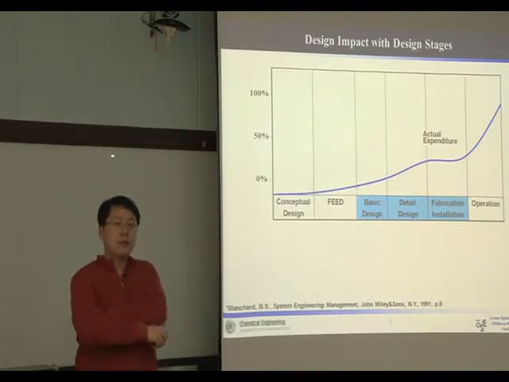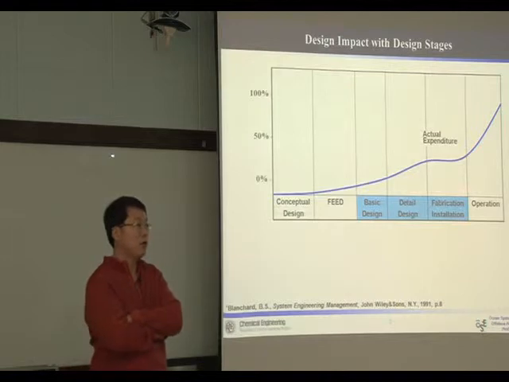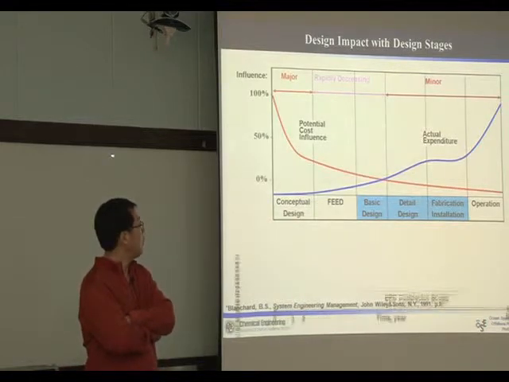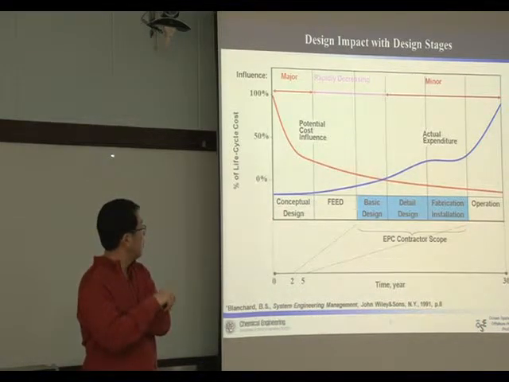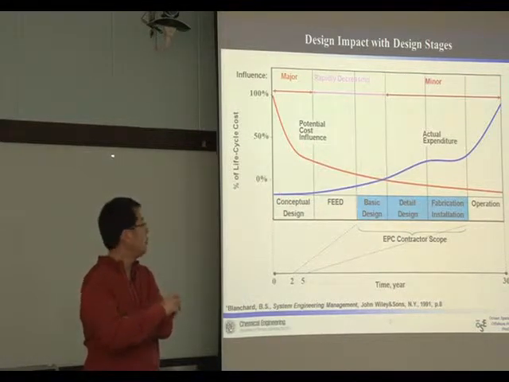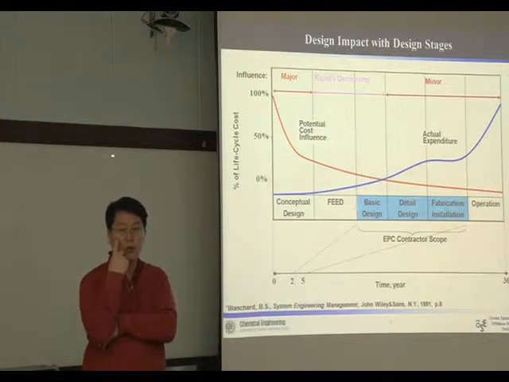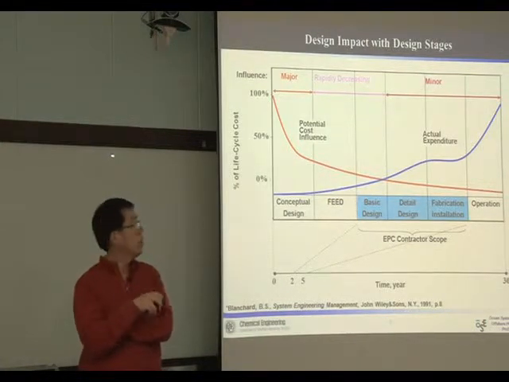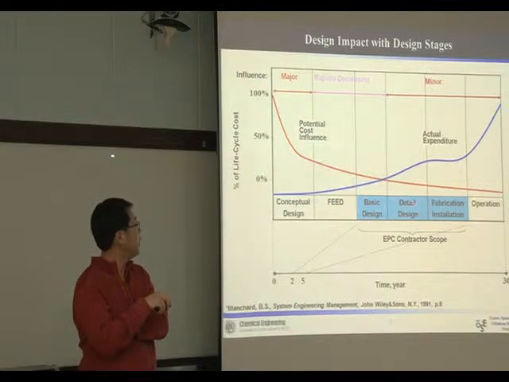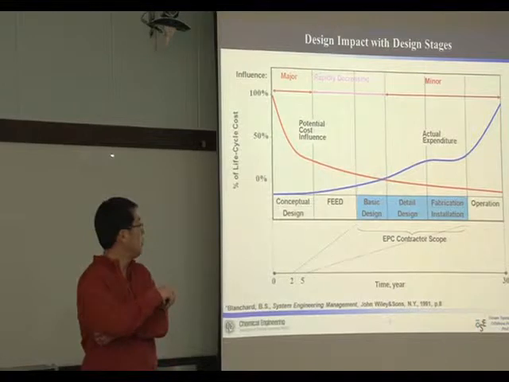This graph is distorted a little in terms of time frame. So if we think about the time frame, the conceptual design and the FEED are usually done in 1 or 2 years. And basic and detail engineering, about three years.